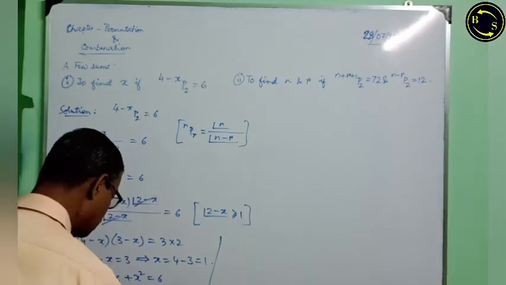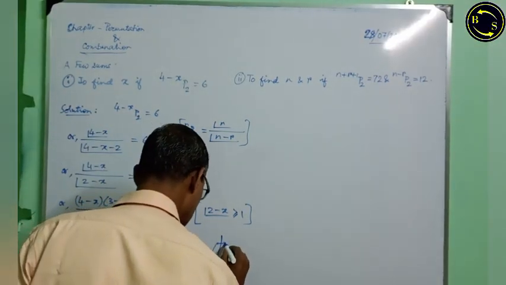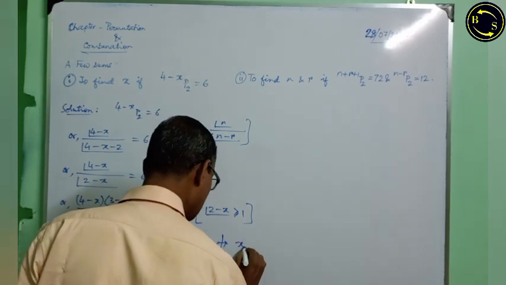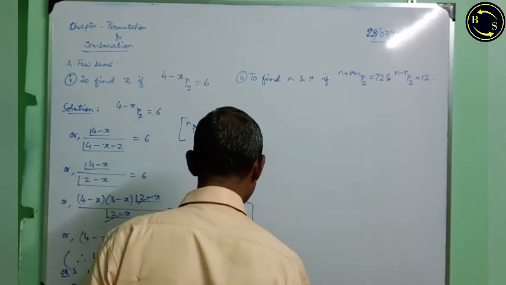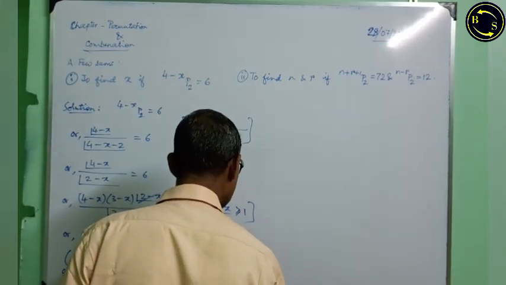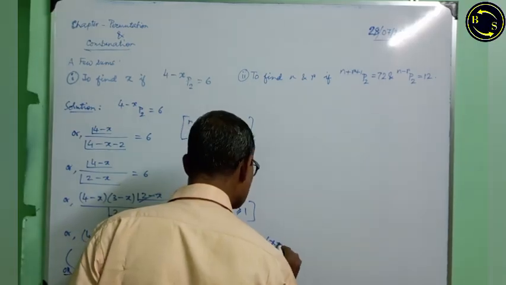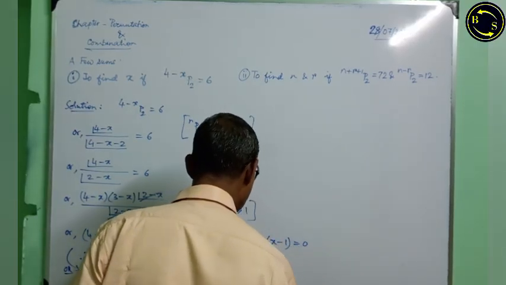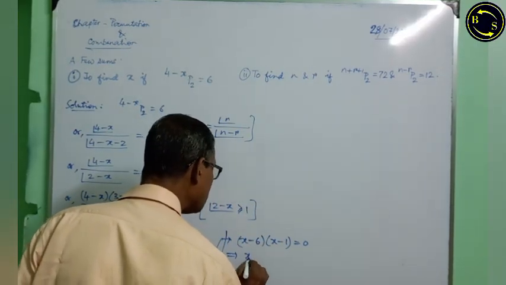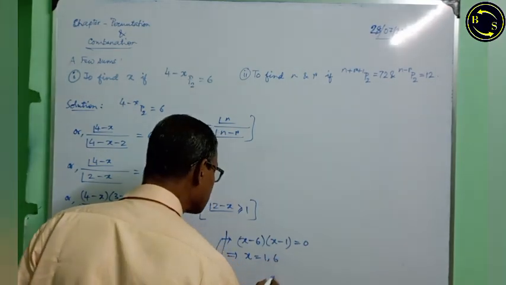Now this can be written as (x minus 6) into (x minus 1) is equal to 0, from which we get x equal to 1, 6.